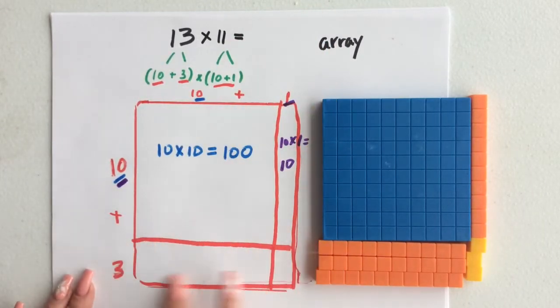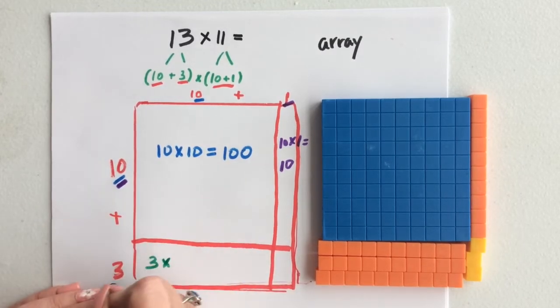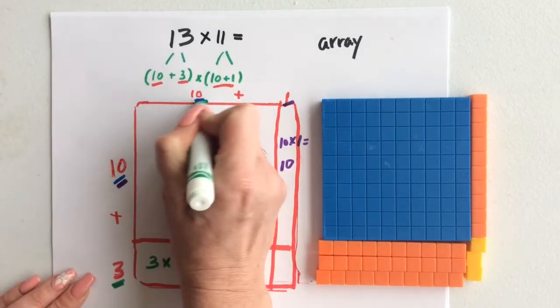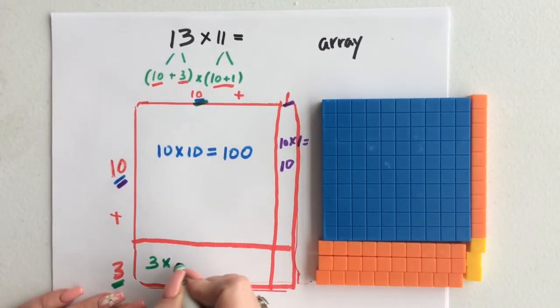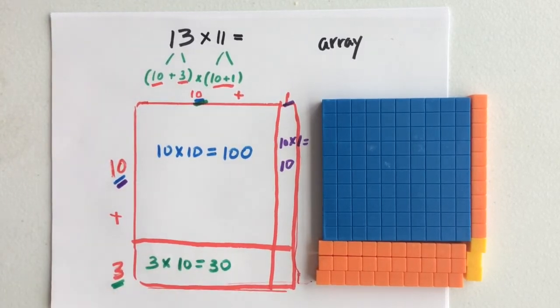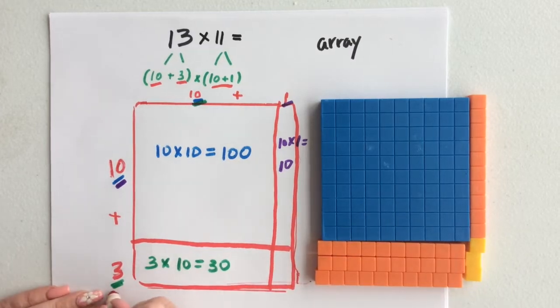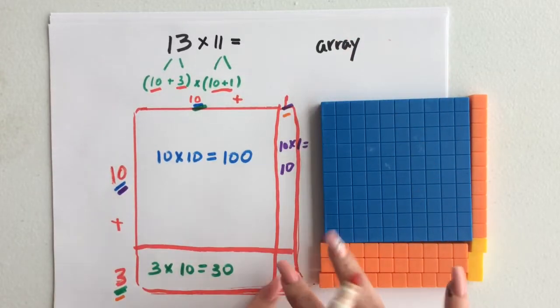I want to find this area right here, and that is 3 times 10. 3 times 10. And our last piece in here is our 3 times 1. And I'm going to follow it down. 3 times 1.